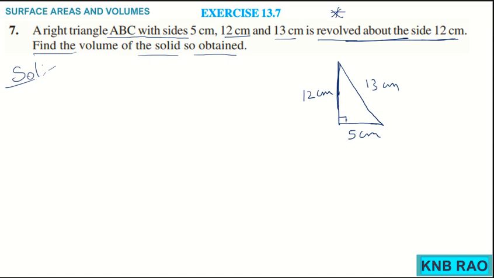Now this right angled triangle is getting revolved about the side 12 centimeter.